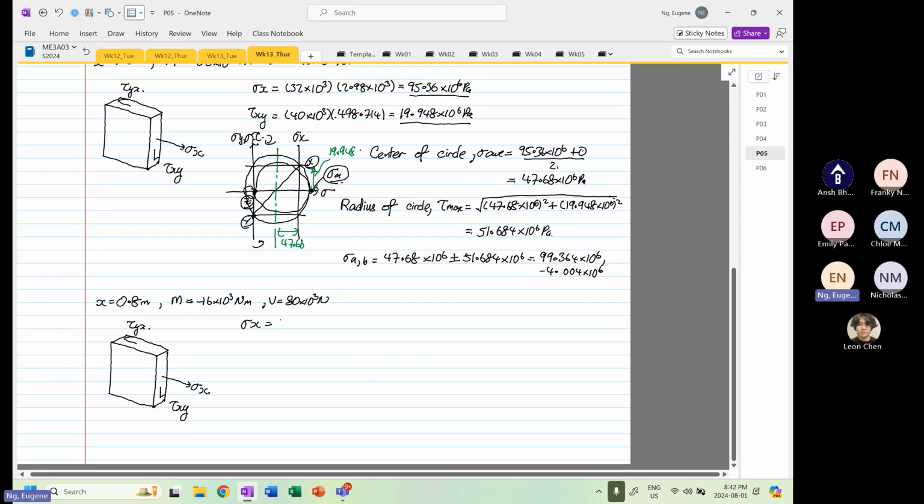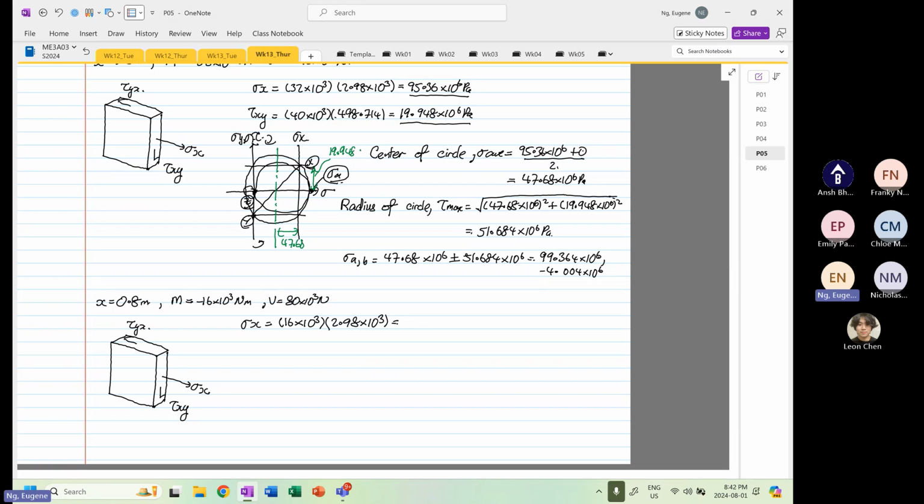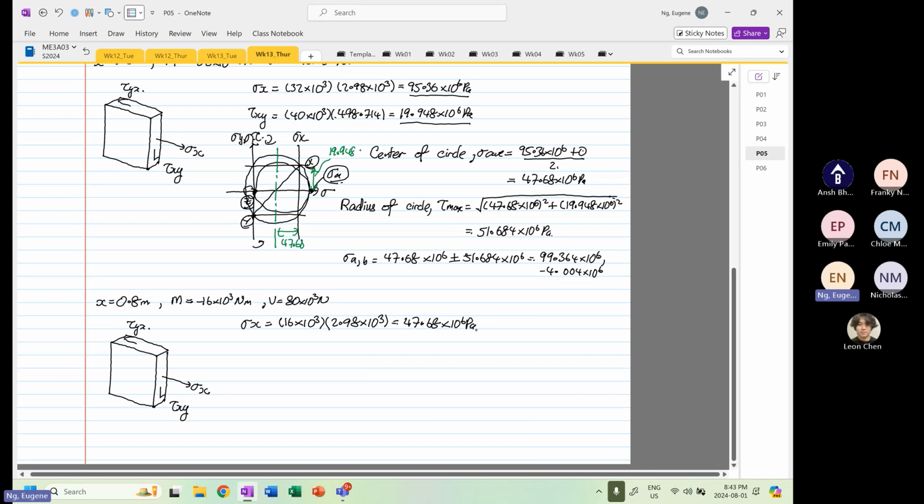So now this is equal to 16 times 10 to the power 3 multiplied by 2.98 times 10 to the power 3, which is equal to 47.68 times 10 to the power 6 Pascal.